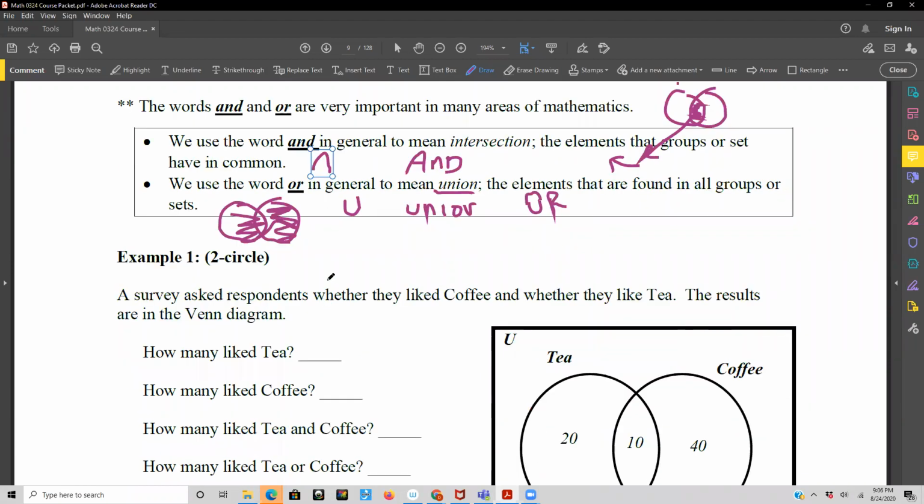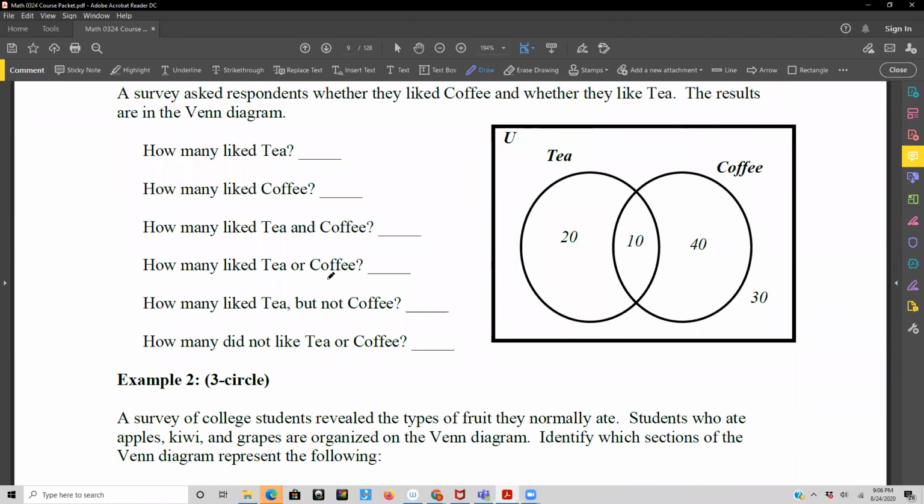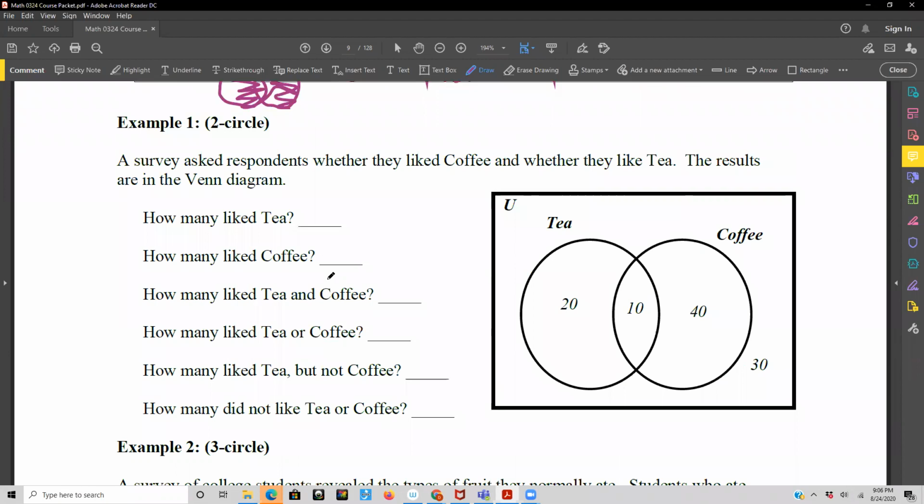Okay, so here's a Venn diagram that we need to fill out. This is something you're going to have to do in 1324. Actually, they filled it out for us, so we're going to have to answer the questions. You have to be really careful with the wording. It says, how many like tea? If you don't think carefully, you're going to say 20, but that's not right. It doesn't say only tea. It says tea, so anybody who likes tea, we count.